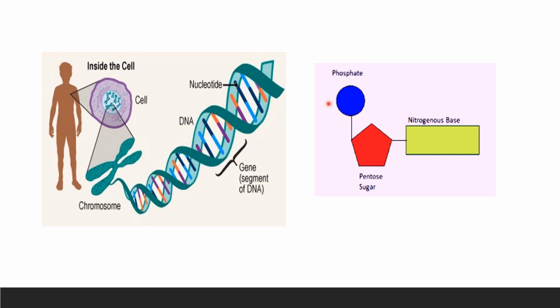In the previous video we talked about how when the sugar and nitrogen base join, they make a bond known as a glycosidic bond. And when this sugar makes a bond with the phosphate, the bond between them is known as a phosphoester bond.